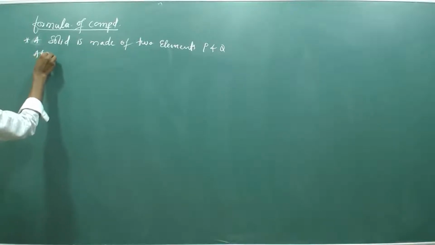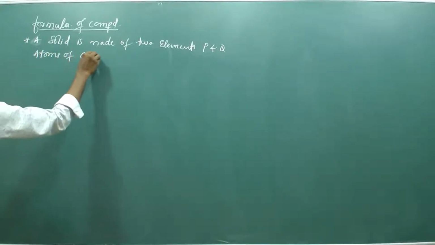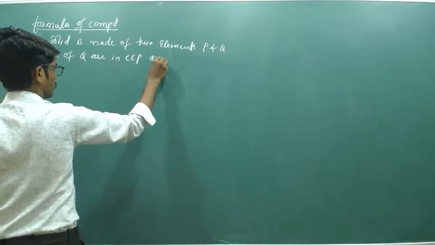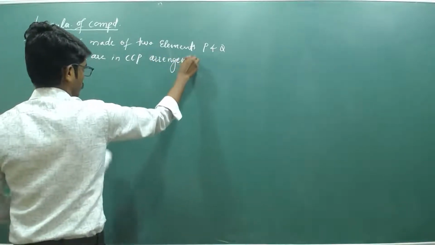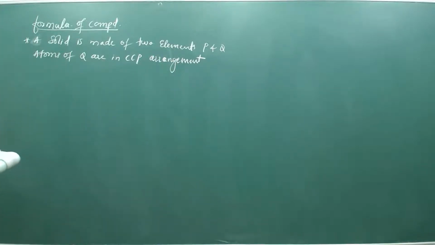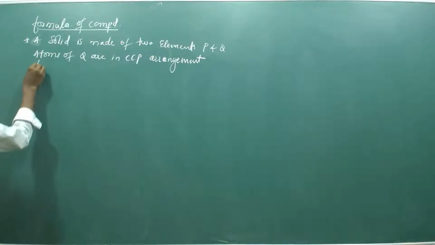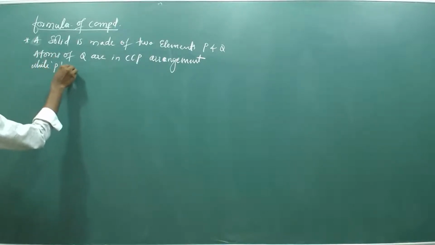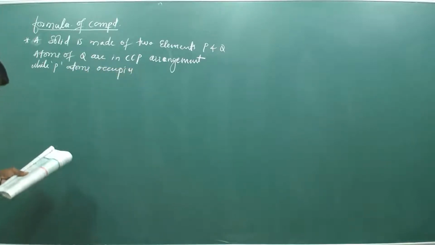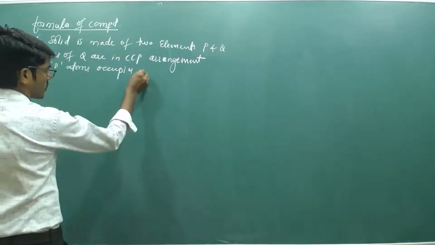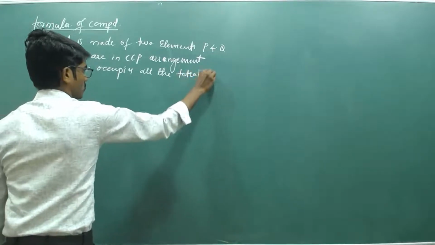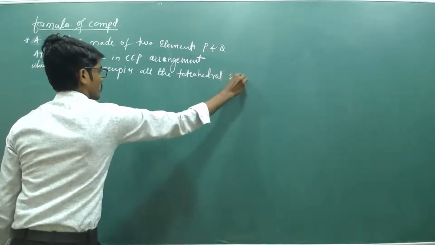Atoms of Q are in CCP arrangement, while P atoms occupy all the tetrahedral sites.